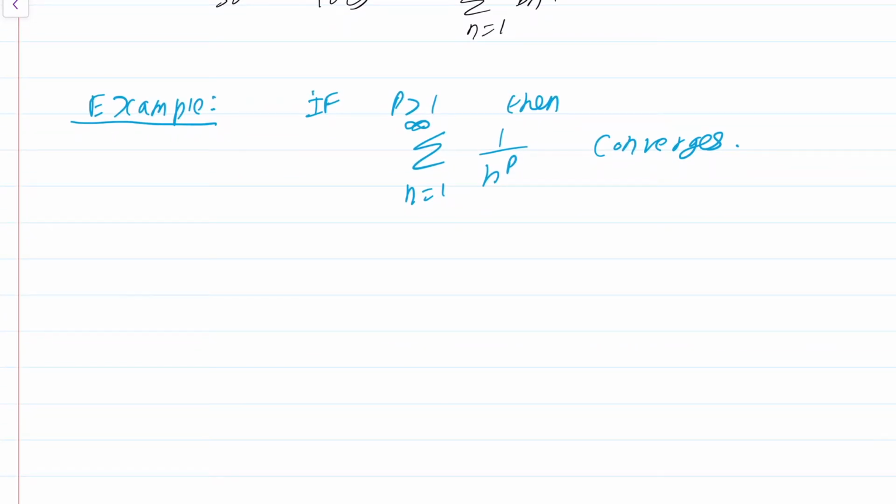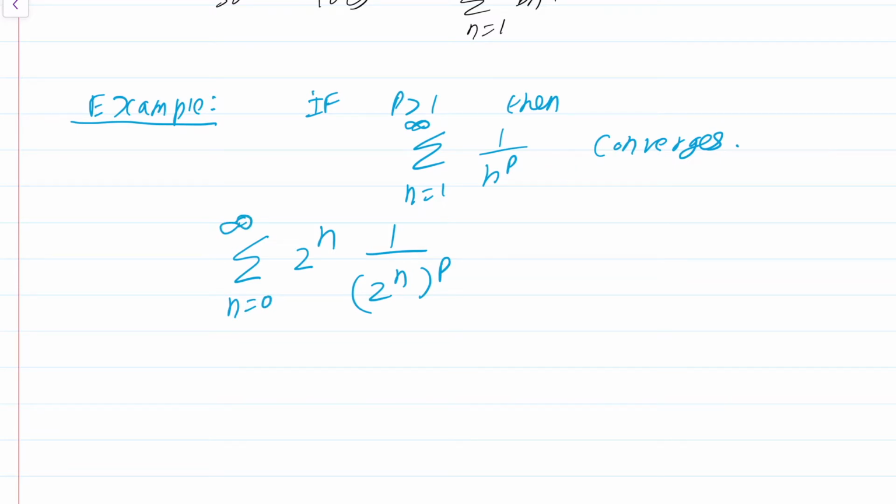Okay. Suppose you have summation n equal to 1 to infinity 1 by n power p. I am going to apply the Cauchy condensation test. Why? Because it is coming in that lecture. Well, that's not the reason. You will see in a moment why the Cauchy condensation test is very applicable. What we have to do is consider this new series summation 2 power n times 1 by 2 power n, all to the power p, n equals 0 to infinity.